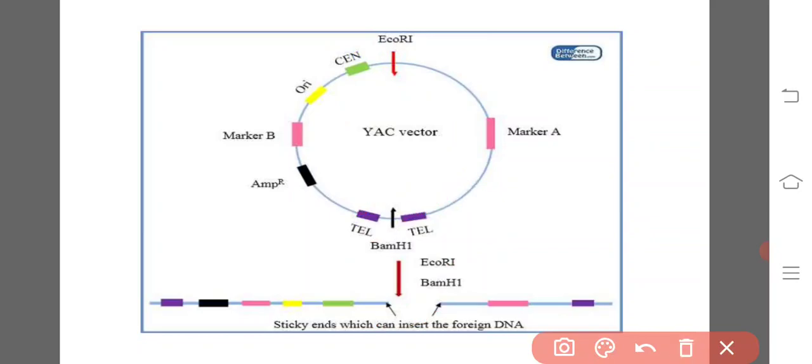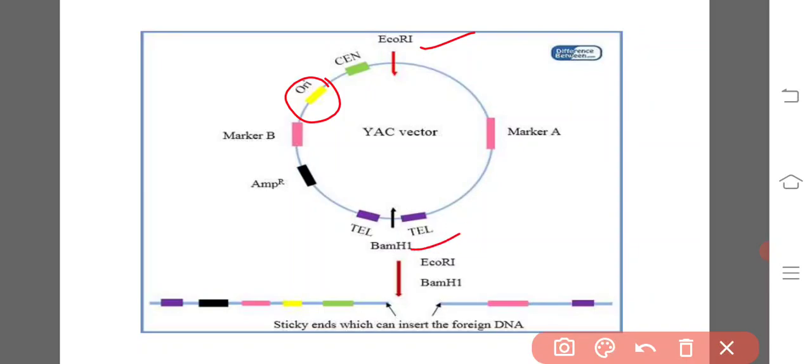And cloning of foreign DNA in yeast artificial chromosome vector involves different steps. Number one, the yeast artificial chromosome vector is replicated as a circular plasmid inside the bacterial host with the help of bacterial ORI sequence, bacterial origin of replication sequence. A restriction enzyme cuts the circular plasmid at specific sites. So these are the restriction enzymes.